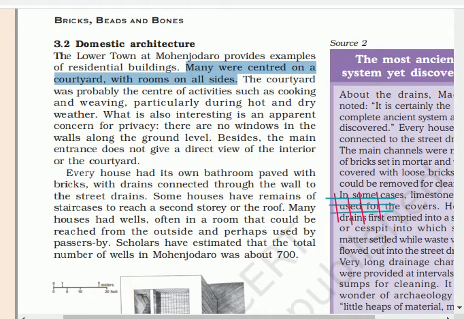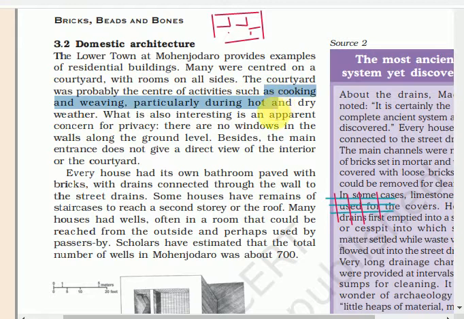The rooms were built like this, room, room, room, and the doors of all these rooms opened into a courtyard. So it means the courtyard was the main activity area of the house. It was used for activities such as cooking and weaving in the hot and dry season.